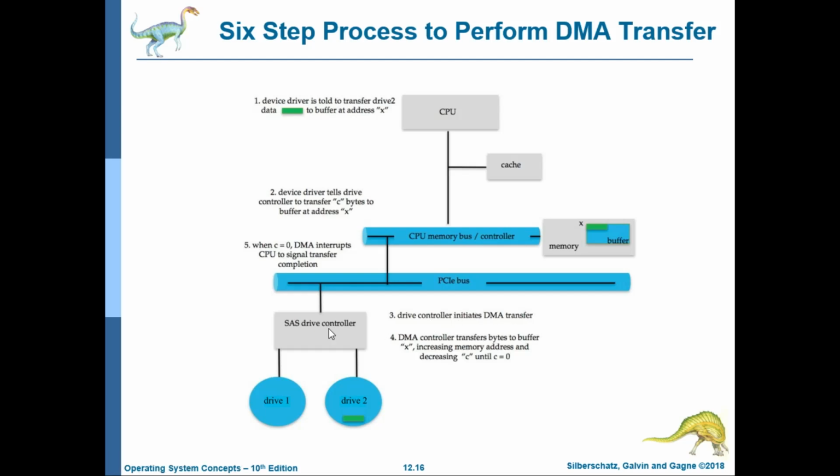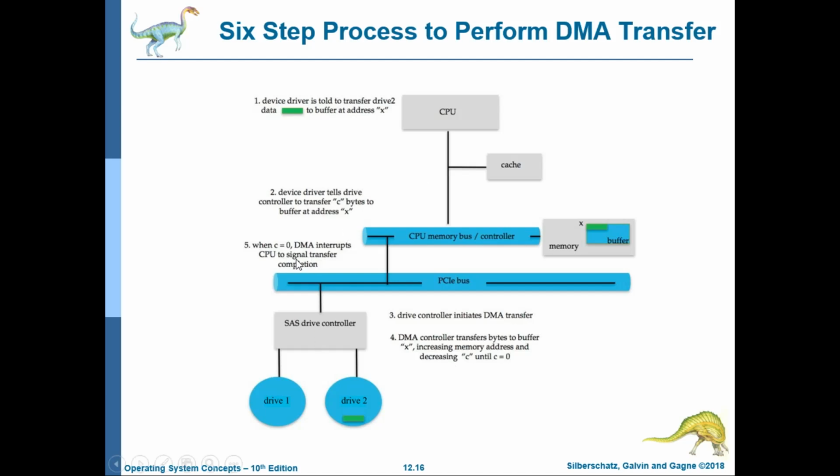So instead of going through the CPU, without CPU intervention, it can directly access, as it has a feature for DMA transfer. And then number 4, the DMA controller transfers bytes to buffer X, increasing the memory address and decreasing C until C is equal to 0.